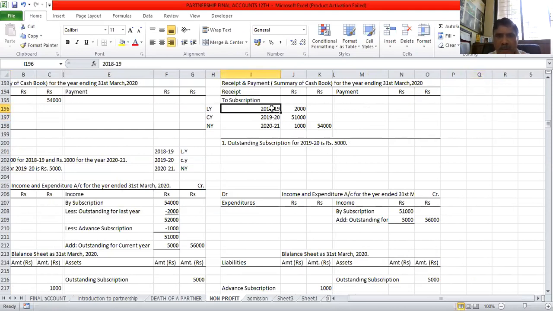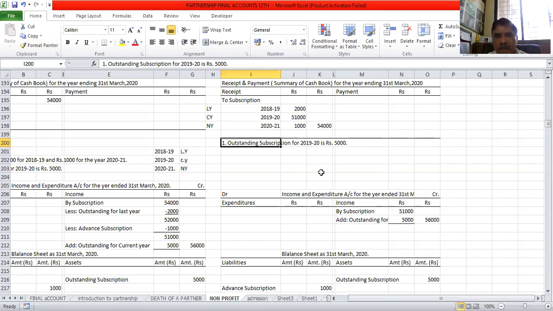Here it is already bifurcated into last year, current year, and next year. The same amount, 54,000, but the bifurcation is given here itself. And only one statement is given: the subscription outstanding for 1920, that means current year, is 5,000. Otherwise, they say outstanding subscription for current year is 5,000. In these cases, we need not do anything.